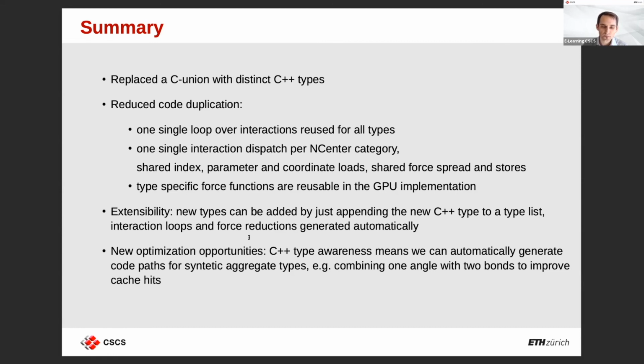So if you're dealing with one angle, then the chances are that inside that angle, you're also dealing with two bonds. If you can combine the computation, so you load the three coordinates and compute the angle force, and then immediately also compute the forces due to these two bonds, then you can improve the cache hit rate and get better performance.